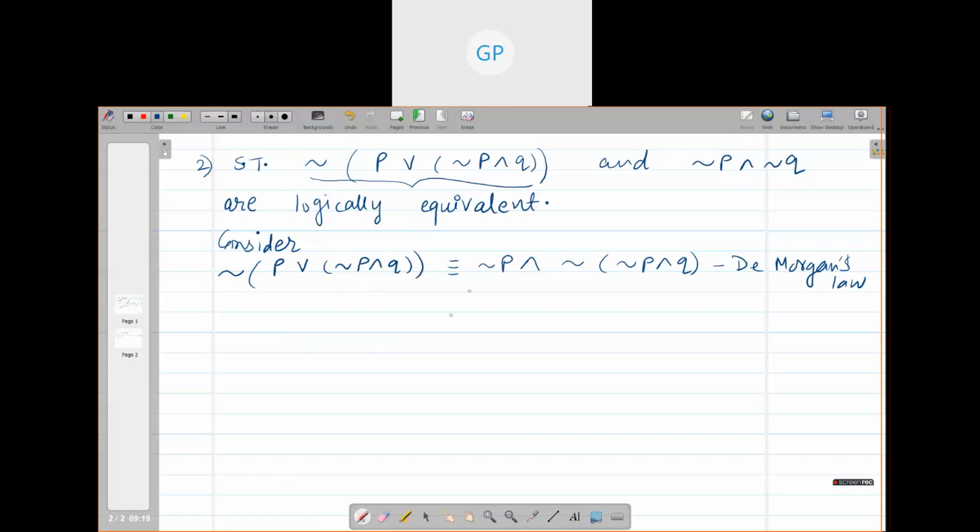Next, this will remain as negation P. Now here again, for this, what should we use?